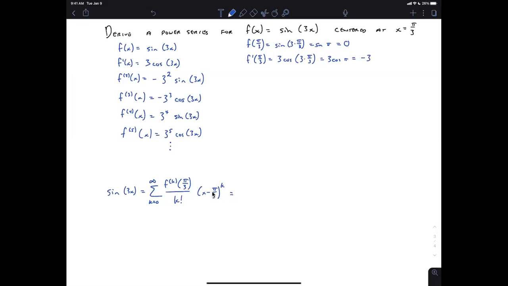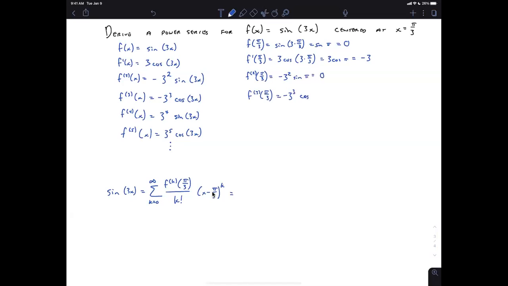Okay, now we're going to plug it into the second derivative. So the second derivative at pi over 3, that's negative 3 squared times sine of pi. You can kind of see that every time you plug it in, you get 3 times pi over 3, which is pi. Sine of pi is 0. Third derivative is negative 3 to the third cosine of pi.